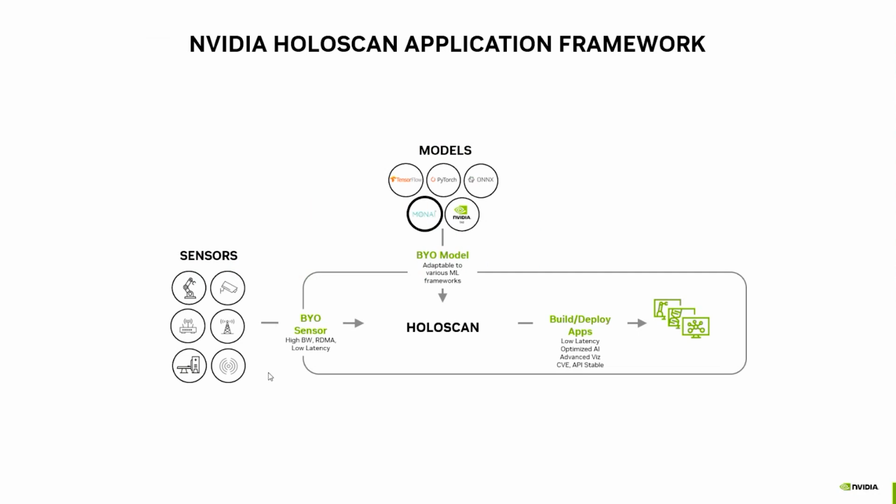So to sum it up, on one end, you have sensors. On the other end, you're going to have models and algorithms. We are bringing the capability of bring your own sensor, that later on you're going to hear from my colleague Leela about, our sensor bridge capability, Holoscan Sensor Bridge, that allows you to have a plug and play solution for bringing different sensor modalities.